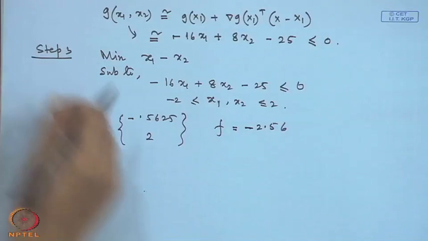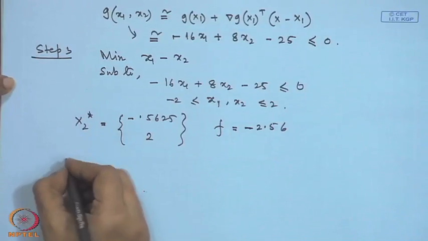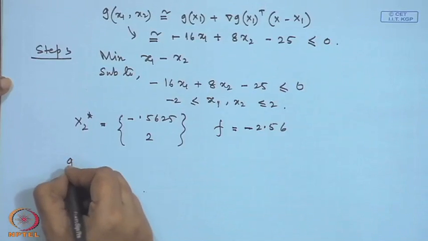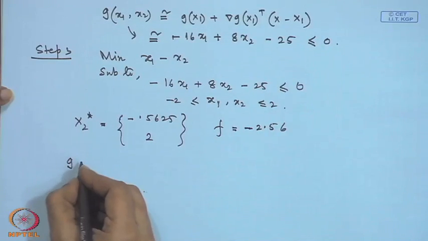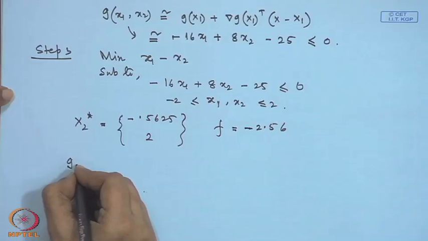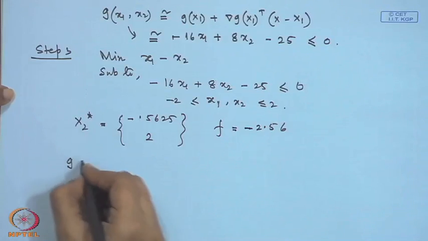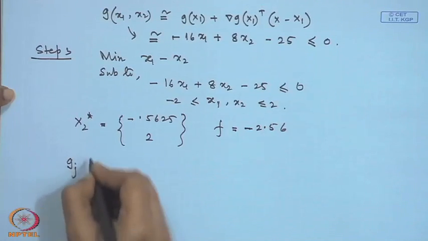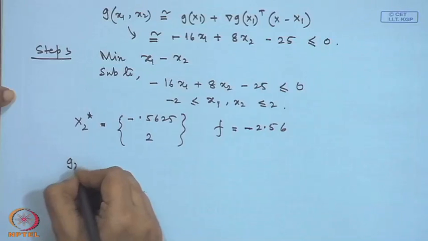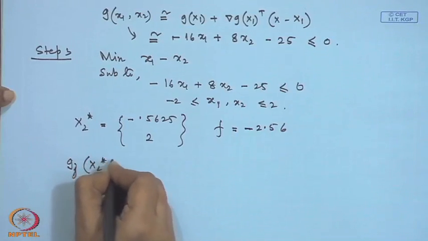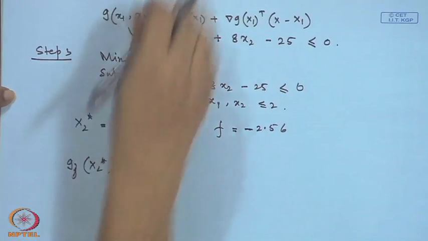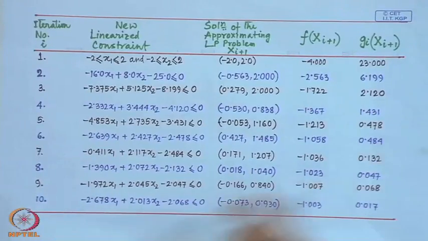But if we look, we will see that here the value of g(x2*) is very high, it is giving 23. If I summarize the whole process in a table, we can see it.